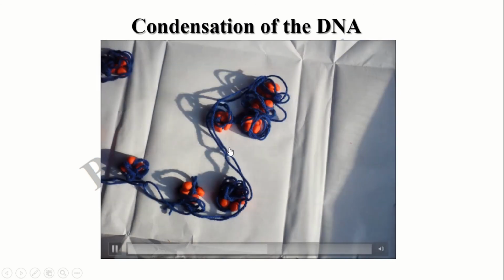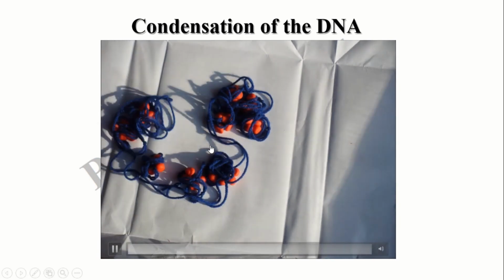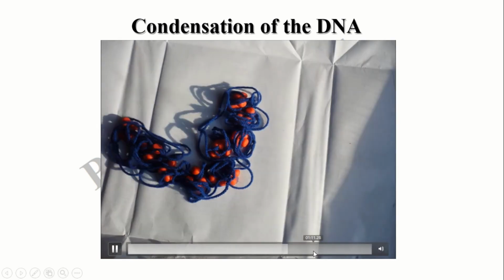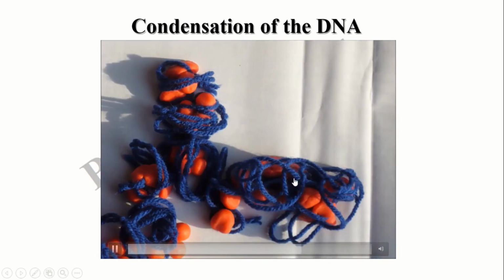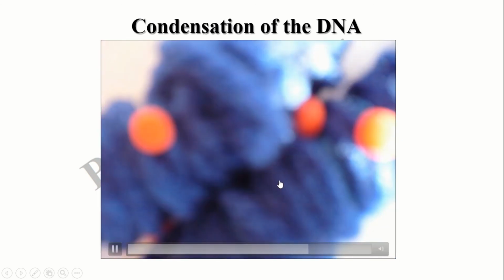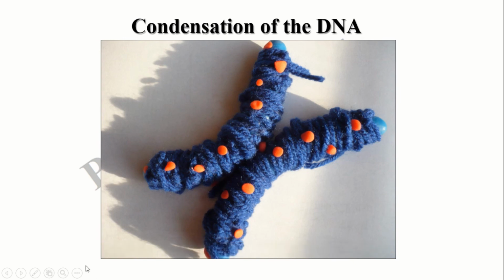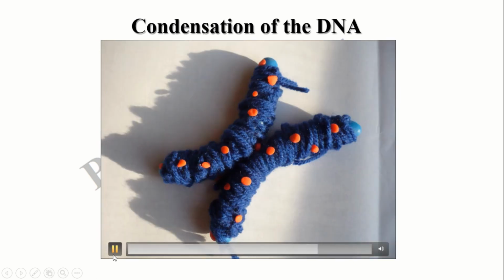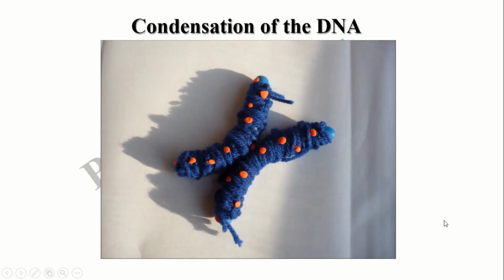So here the DNA molecule undergoes a progressive coiling, a condensation. Here is the sister chromatid, and this one is the second sister chromatid. And at the end of interphase and the beginning of mitosis, the chromosomes are made up of two sister chromatids and they are very condensed and well visible. So this is the condensation mechanism of the DNA molecule.